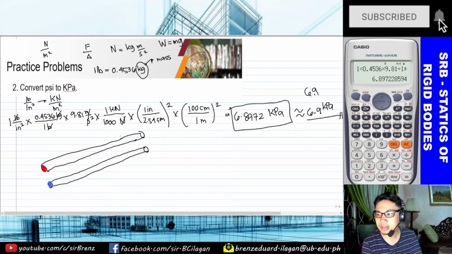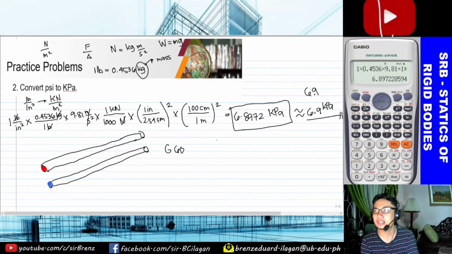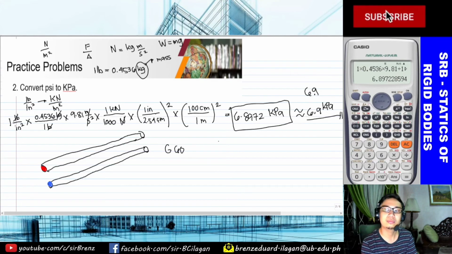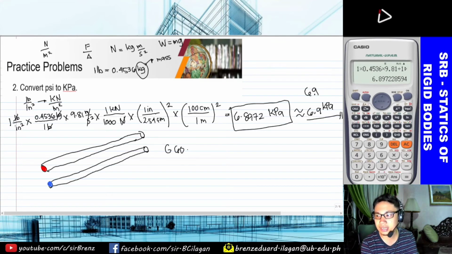So pagdating nyo sa higher year subject, sasabihin nyo, for example, itong bakal na to, grade 60 steel bar is used to reinforce the column. So, ano ba yung ibig sabihin ng grade 60? Yung grade 60 na yan, ang ibig sabihin yan, itong 60 na to, that is its yield strength, which is in PSI.